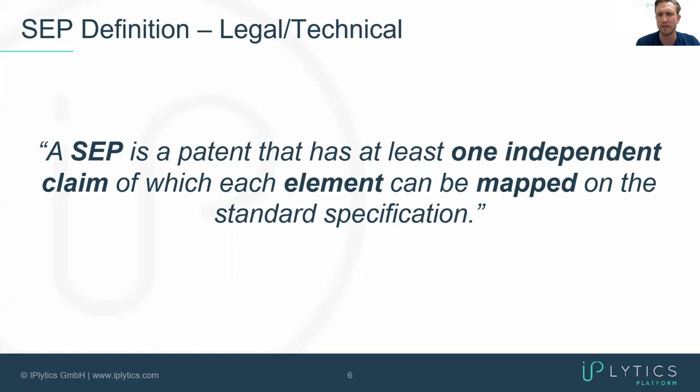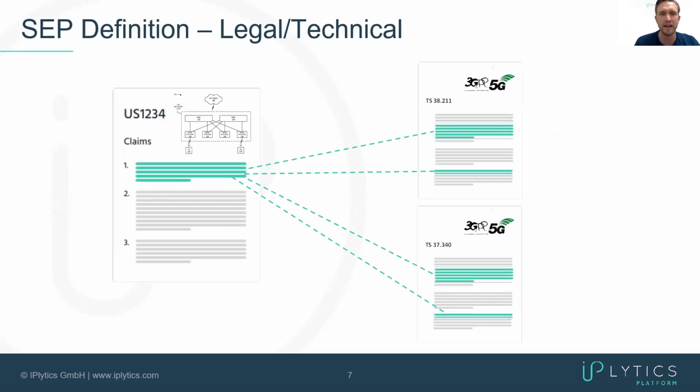If you think about a patent document, a patent has different claims, which define what the invention is, what is protected. And we talk about elements here. If you find that particular element in a standard, that means any standard that you implement will also use that claimed invention in the patent. Now we'll talk about this in a few minutes, what that means.